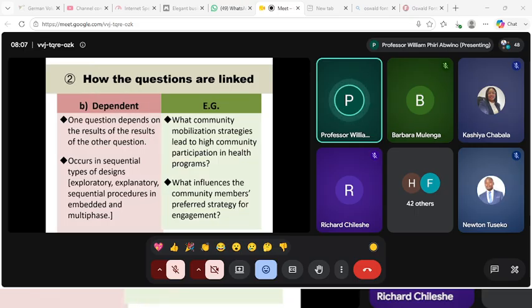So you can have the exploratory sequential mixed research design. You are exploring. Then there is the explanatory sequential mixed research design. And then we have the embedded and the multi-phase.